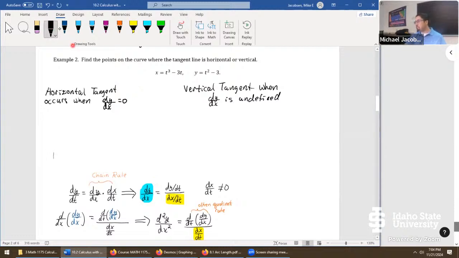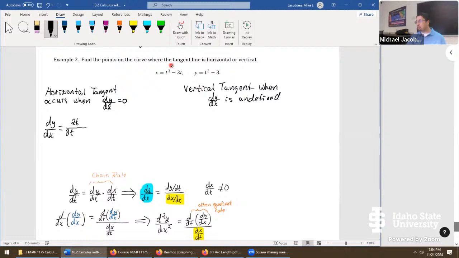Let's do it right here. Dy dx, by the formula below, says differentiate y with respect to t. That's just going to be a 2t in the numerator. Then for the denominator, do the corresponding thing and differentiate x with respect to t.